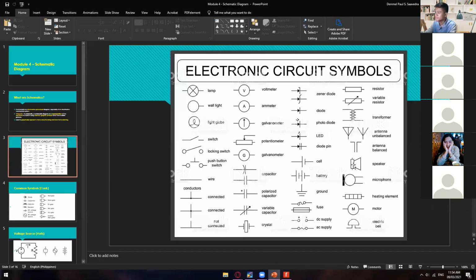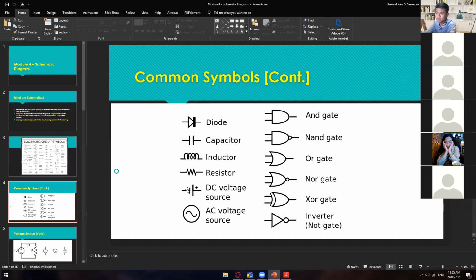And yeah, so we have a speaker, antenna, balance, transformer, resistor, etc. Okay. And then here are the most common symbols. Of course, we have here diode, capacitor, inductor, resistor, DC voltages, AC voltages. So I know that you guys already know the left side components.